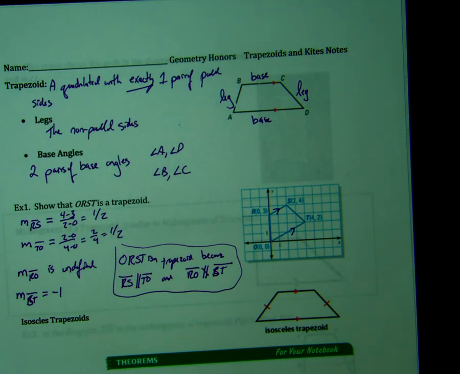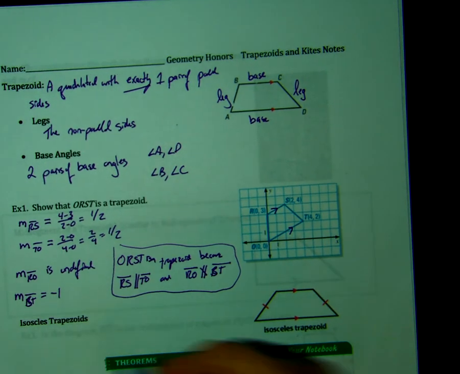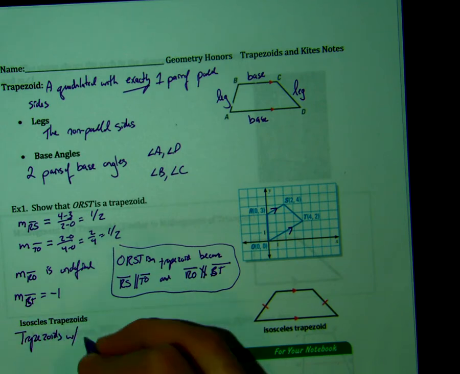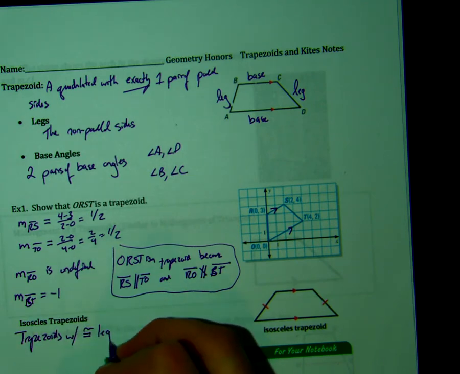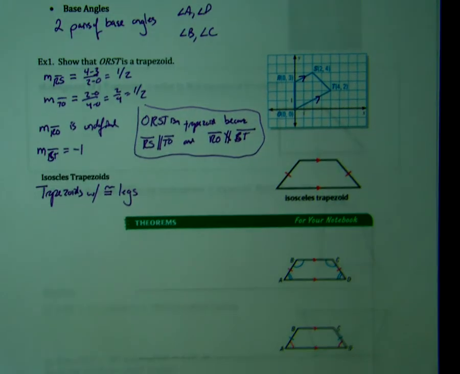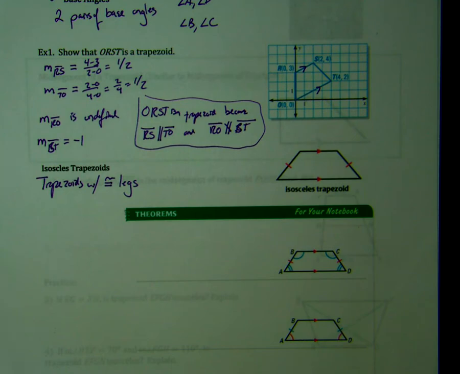Now, isosceles trapezoids are trapezoids with congruent legs, very similar to the idea of an isosceles triangle having congruent legs. You'll see that the properties, this first property anyway, are similar to those of an isosceles triangle.